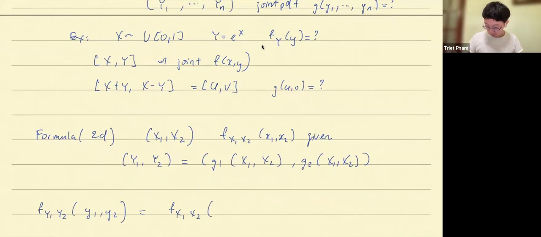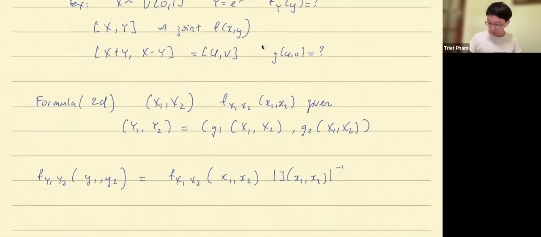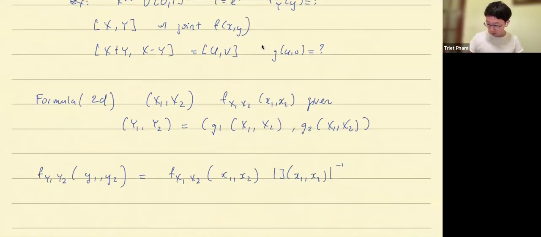Well, the formula says this, but we'll explain. And then times the Jacobian of X1, X2 inverse.